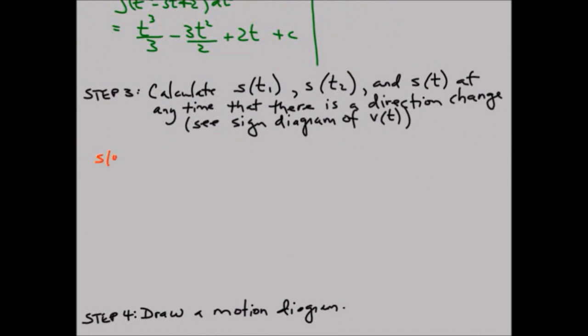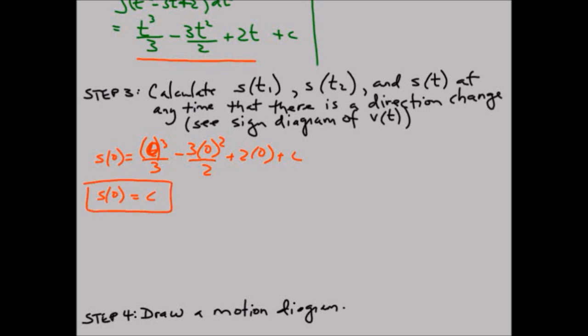So s of 0, substituting that in. Here's our function we're talking about. Substitute 0 in here, substitute 0, substitute 0, and plus c. So s of 0 equals c. S of 1: one-third, subtract 3 over 2, plus 2 plus c.